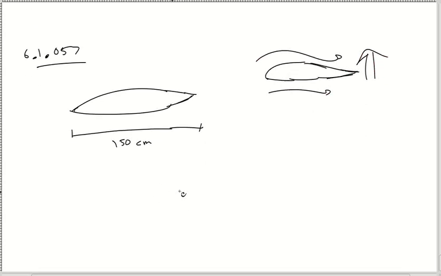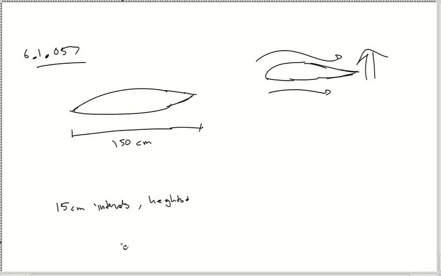Okay. So we have this 150 centimeters across, and they say at 15 centimeter intervals, we get heights of, and then they start listing all the heights.